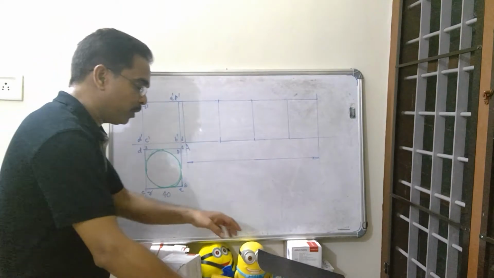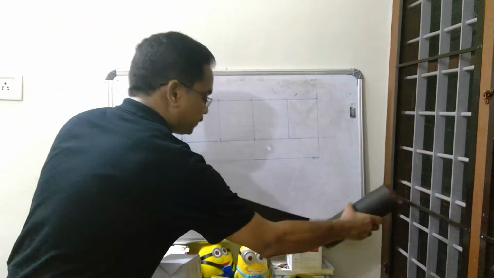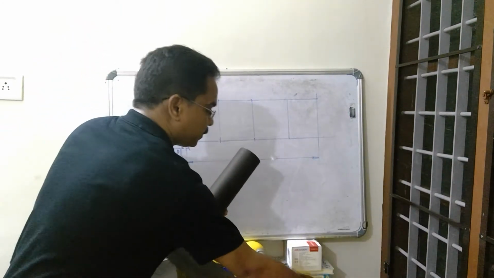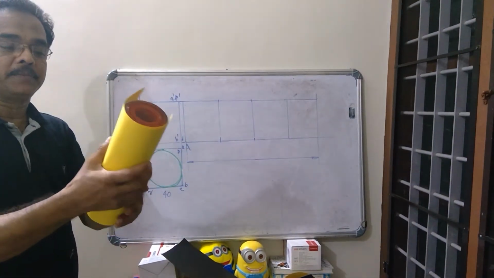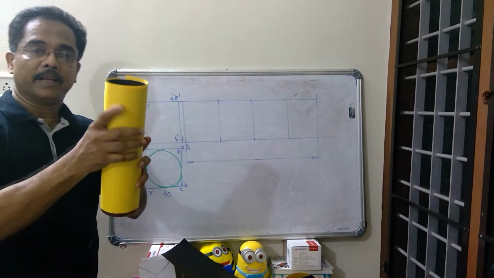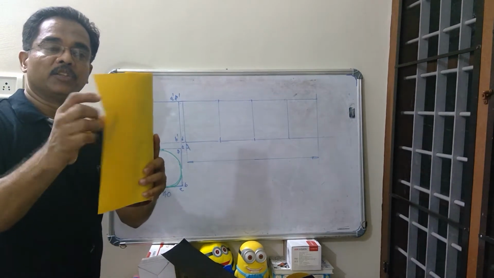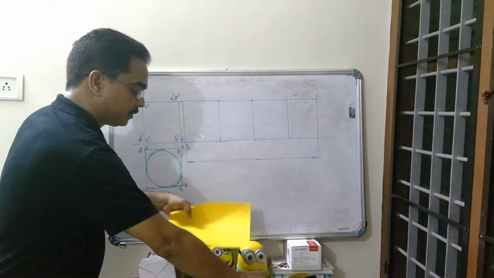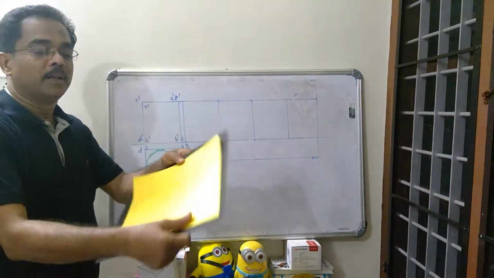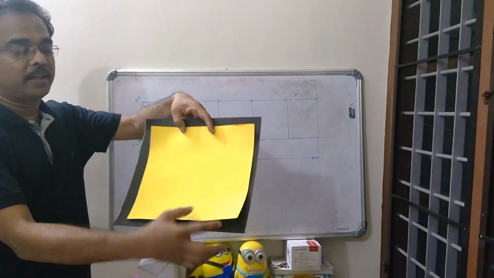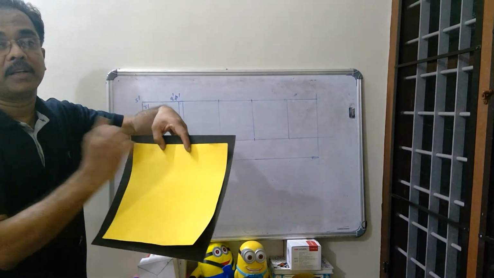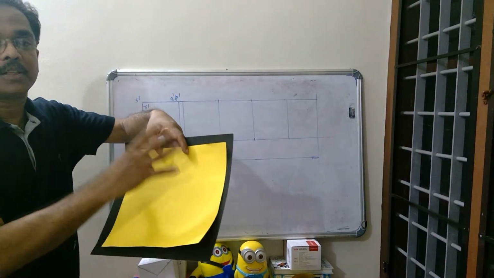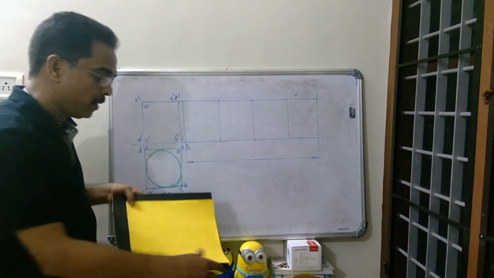Take another example. We consider a cylinder. I'm wrapping this cylinder with a sheet of paper. Then I open it, spread it on a surface, and this surface is called the developed surface of a cylinder, and the process is called the development of surfaces.